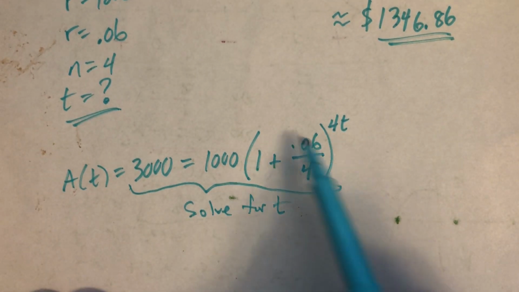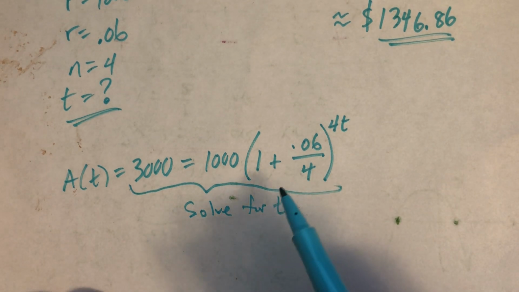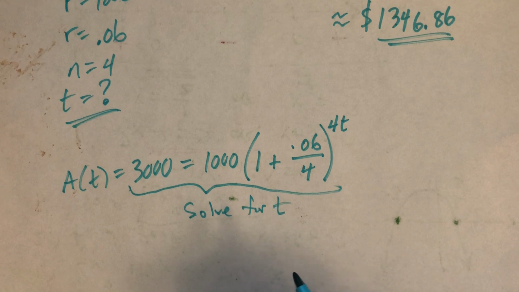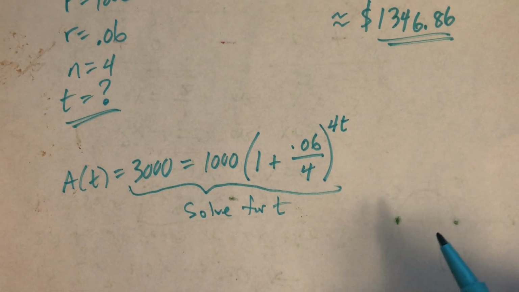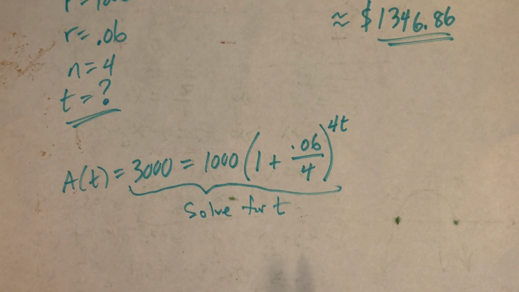You could simplify this if you really wanted to, but why do the work if we don't necessarily need to? We're going to end up cranking it through the calculator anyway at the end. If you're comfortable with simplifying it, you should do that.